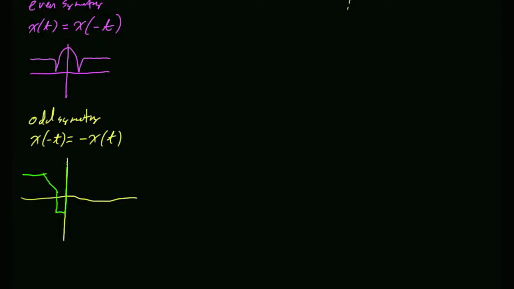It's symmetric across the line y equals x, we say. Okay? So in other words, if this is x of t, and this is x of negative t, then x of negative t is the negative of x of t. That's odd symmetry. Now, look at what we have over there.